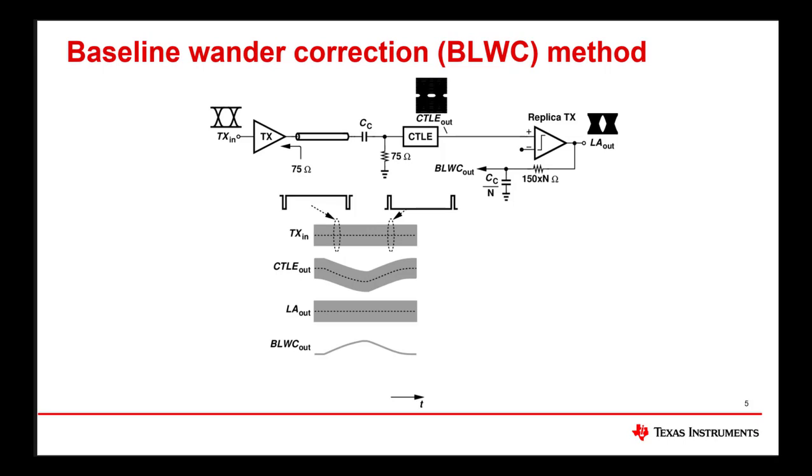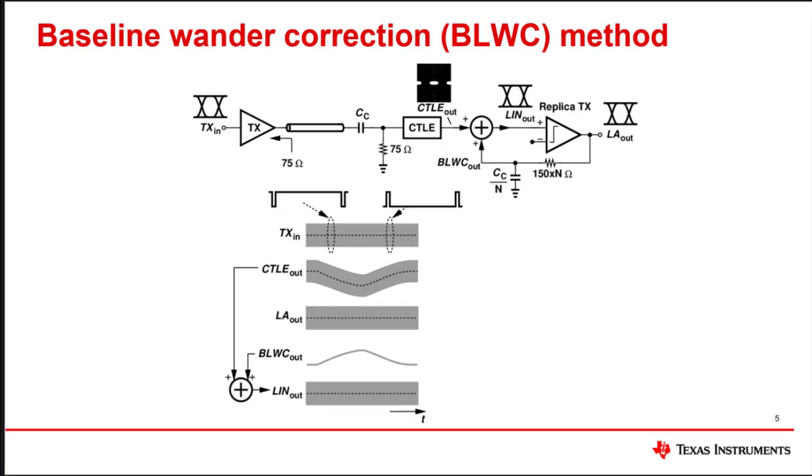For an example, see the waveform marked BLWC out in the diagram. Adding this BLWC out signal to the CTLE output, we can thus cancel the baseline wander, resulting in a clean eye at the linear output and at the limiting output. This architecture is commonly referred to as a quantized feedback.